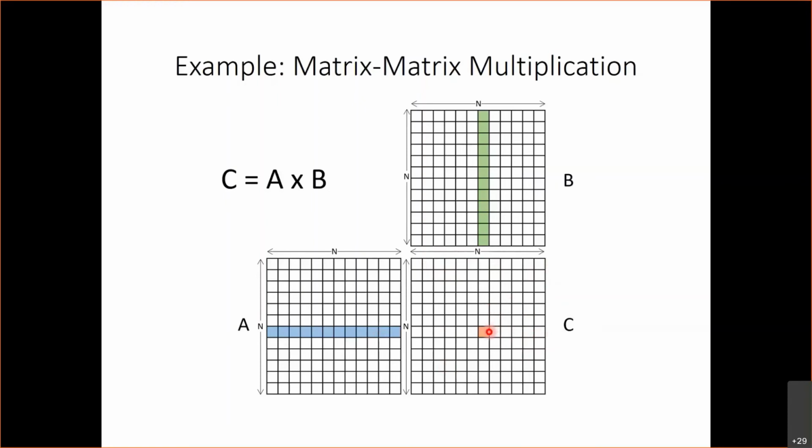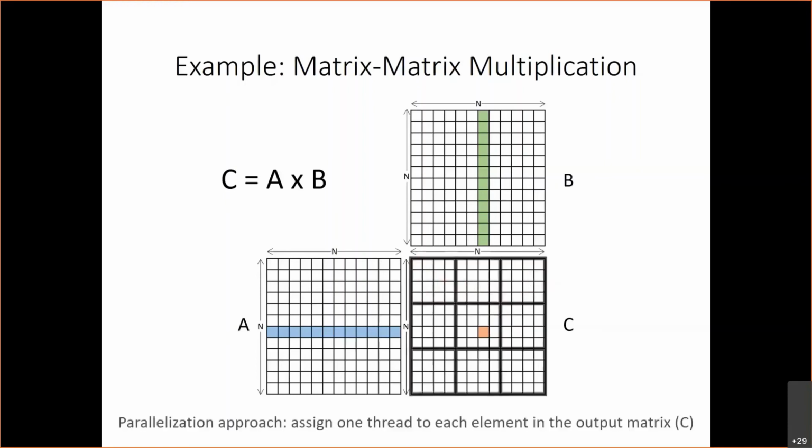That's one straightforward way of extracting even more parallelism: we can assign a thread to every output element of C. So this output matrix can be divided into blocks, and every block is going to be a two-dimensional array of threads, and every thread will be responsible for one output element in C.